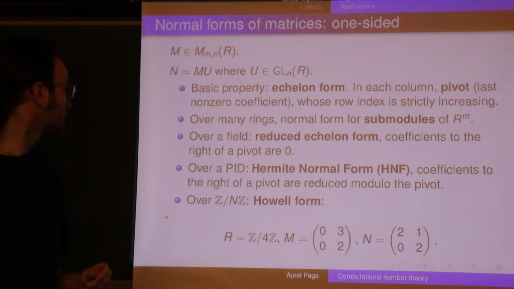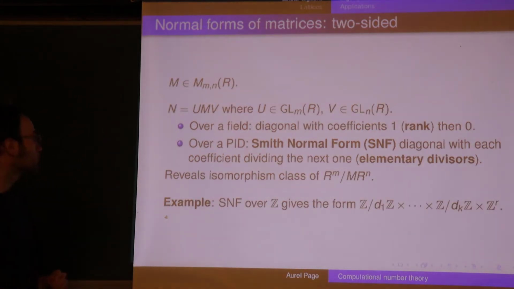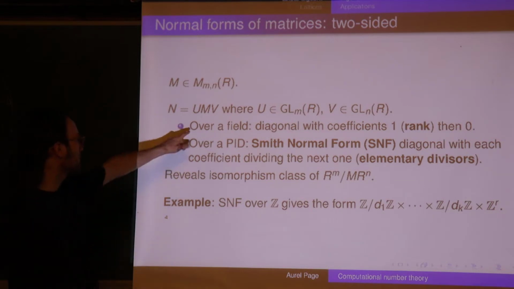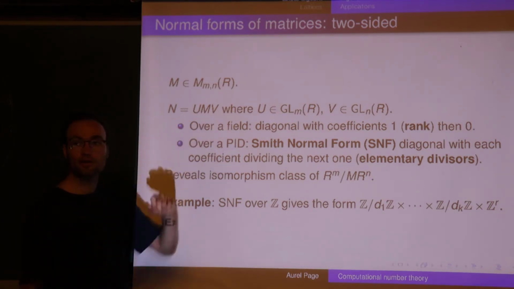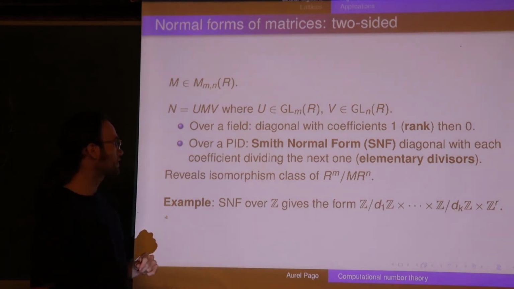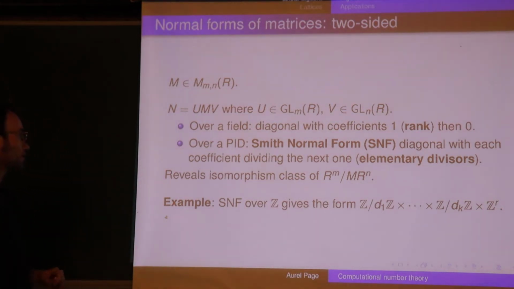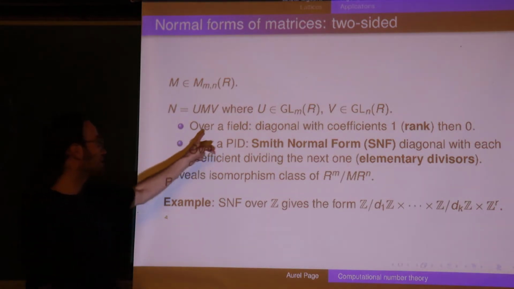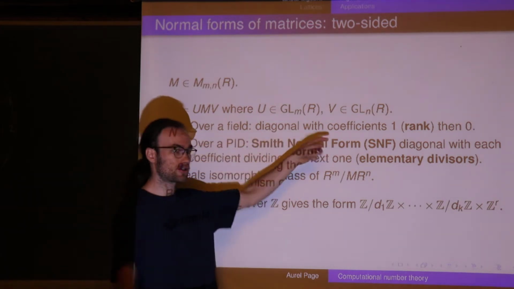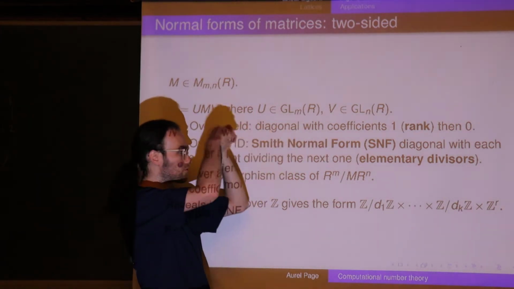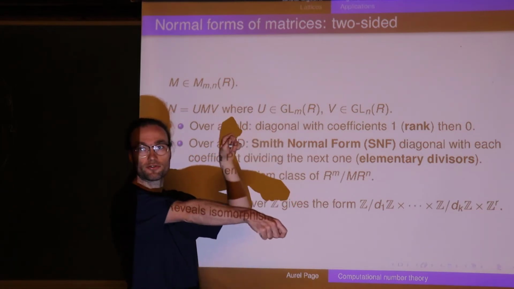Now let's look at the second kind, what I call two-sided normal forms. So you have your matrix and you're allowed to multiply it on the left and on the right by invertible matrices. And you're trying to get a normal form for this kind of operations. So for instance, over a field, you can always reduce to a matrix that is diagonal with a certain number of 1s and then some 0s.